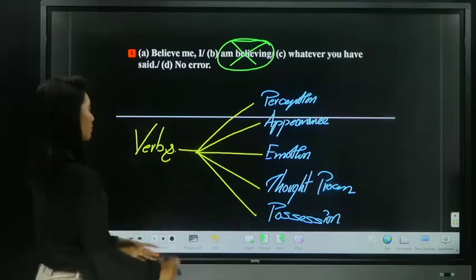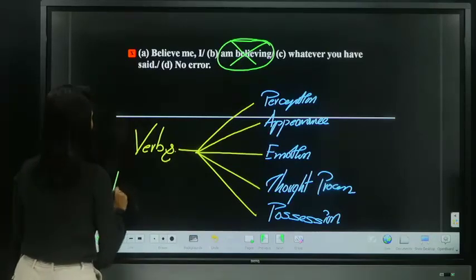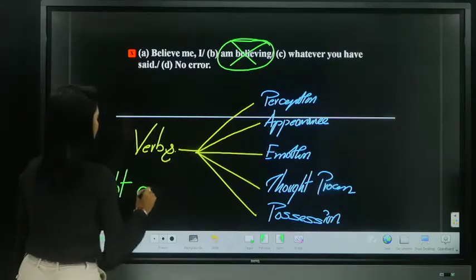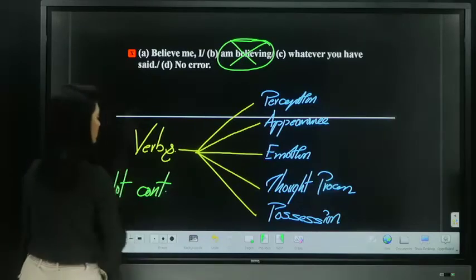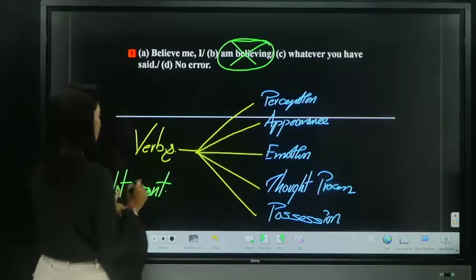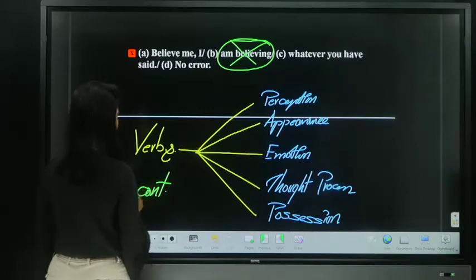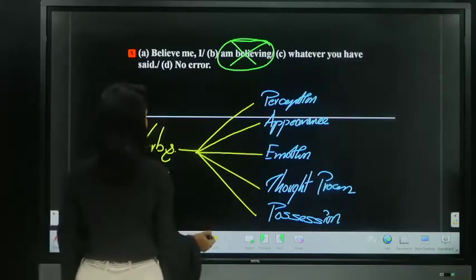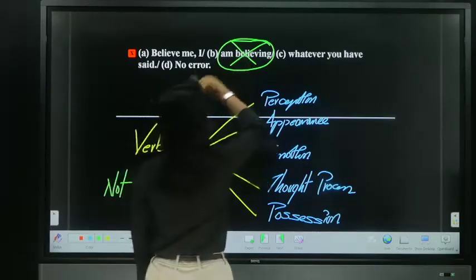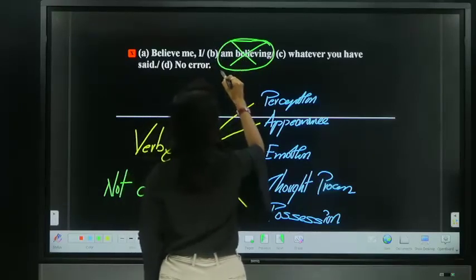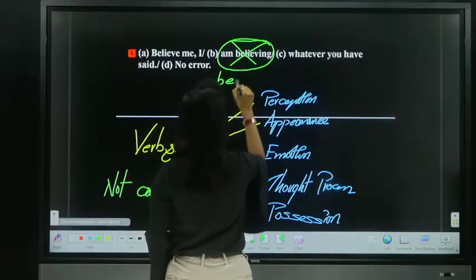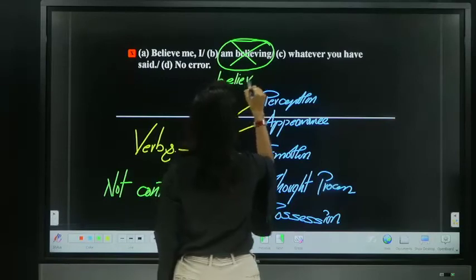These five types of verbs do not have continuous forms. Hence, do remember you have to replace that ing form with the simple form.